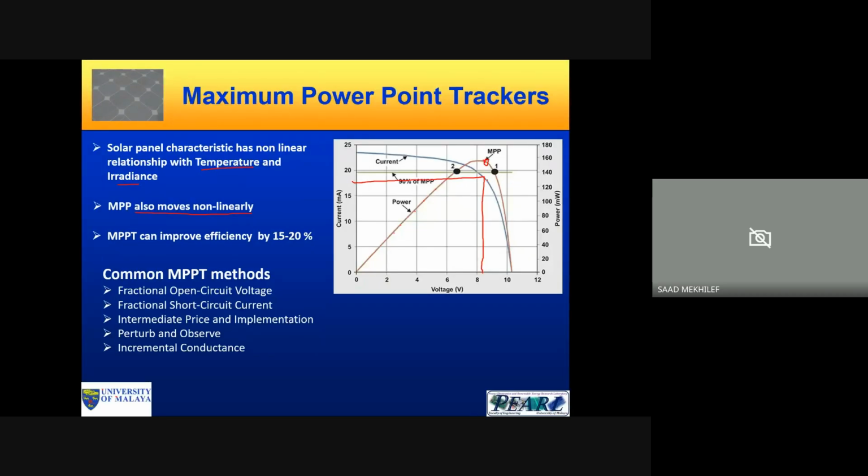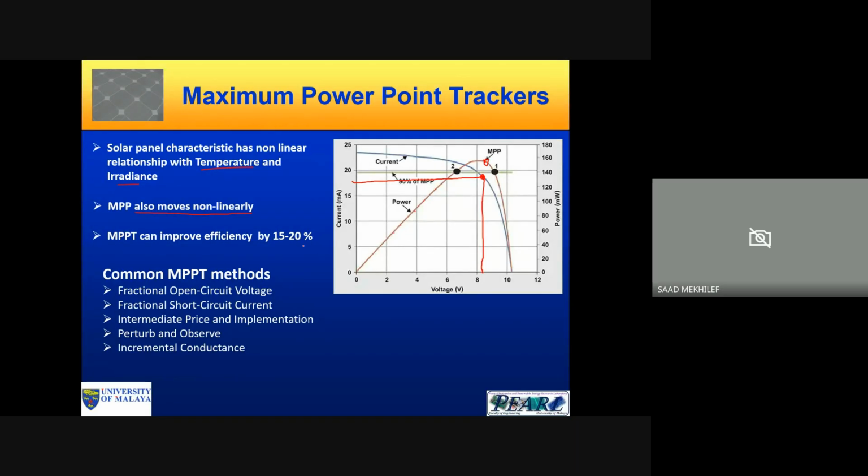This is what we call the maximum power point, and each IV curve has only one. Like you can see in the power curve here, we have two points. One is possible here, but the ultimate one is somewhere here.